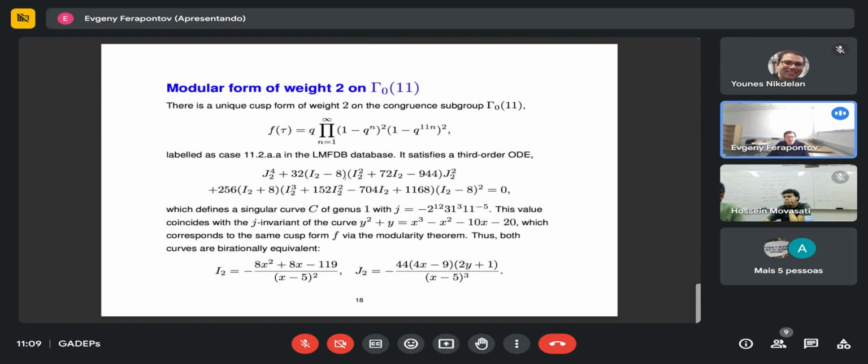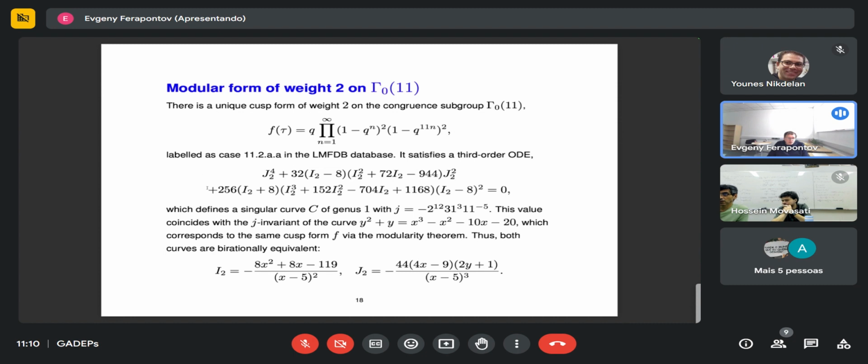Remember, J2 and I2 are differential invariants. They're expressed in terms of first, second, and third order derivatives of this f of tau. So this is a differential equation written here, represented as the equation of an algebraic curve. It becomes a differential equation when you substitute here the expressions for I2 and J2 in terms of f, right?